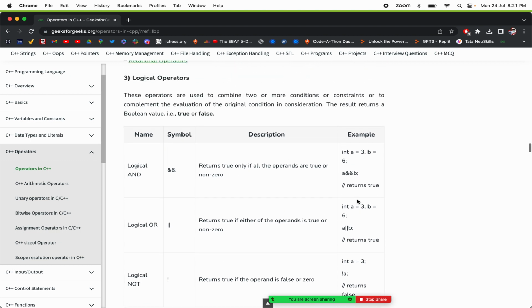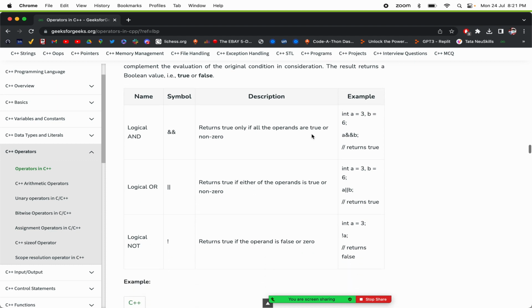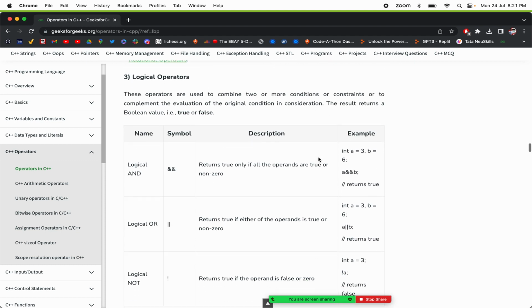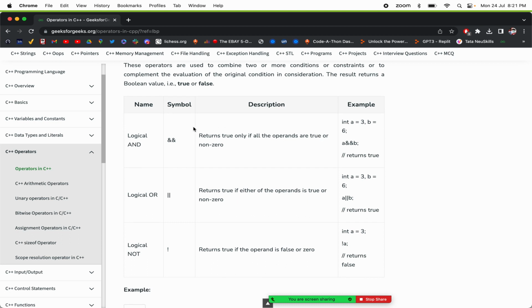The definition, in bookish language, is that they are used to combine two or more conditions or constraints, or to complement the evaluation of the original condition in consideration. We are going to see examples and it should be more clear. The result returns a boolean value, true or false.